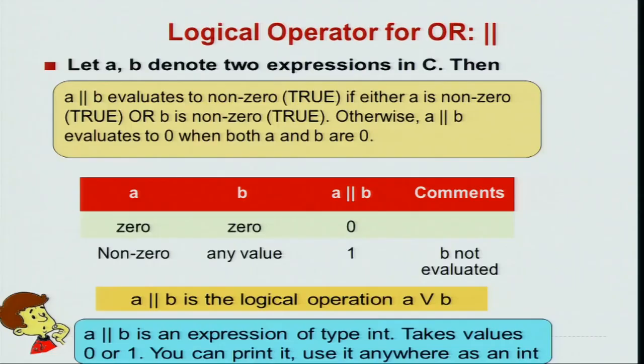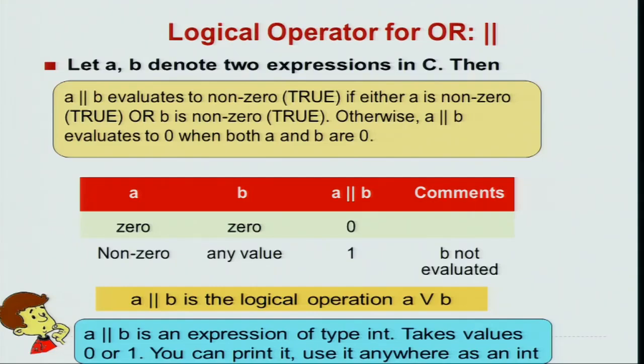If both of them are 0, then the result is 0. So, this is the meaning of a logical OR operation. If both of them are false, then A or B is false. If at least one of them is true, then A or B is true. Okay. So, you can write the truth table for that.